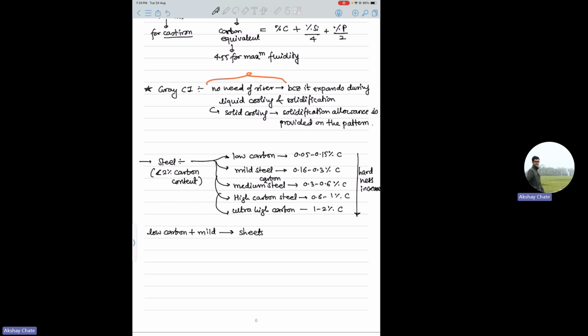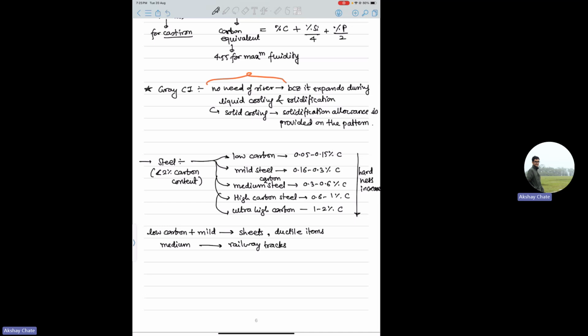Sheets or ductile kind of items or structures. Okay. Medium carbon steels, basically you need more hardness, etc. and strength, good wear resistance, etc. They are typically used in railway tracks.